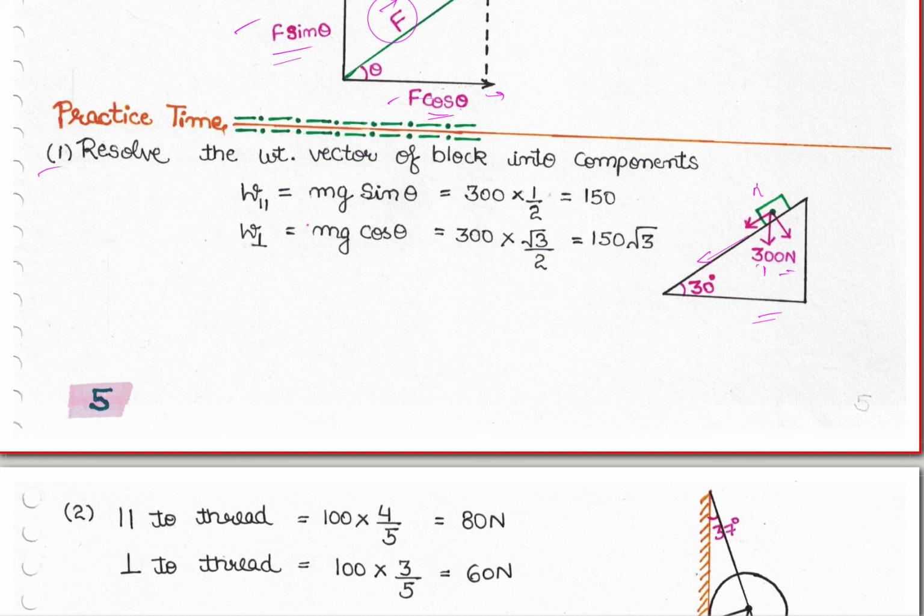So weight in the parallel direction is mg sin theta, that is 300 into sin 30, 1 by 2, so it is 150. And weight in the perpendicular direction is mg cos theta, that is 300 into square root of 3 by 2, that is 150 into square root of 3.